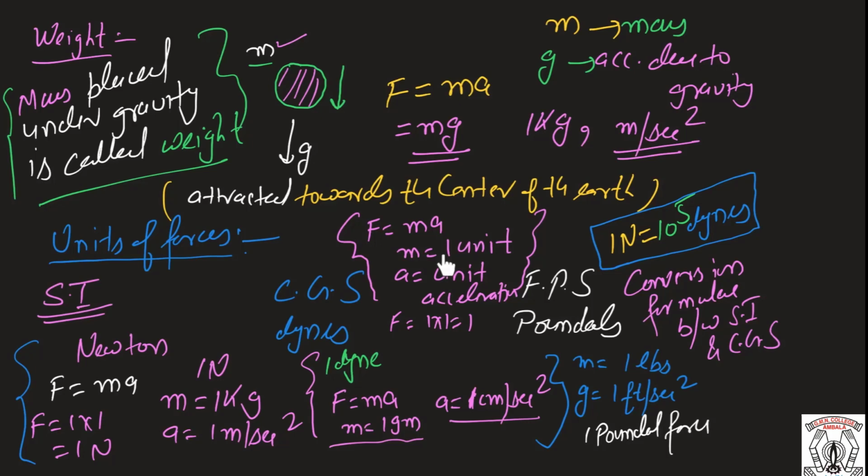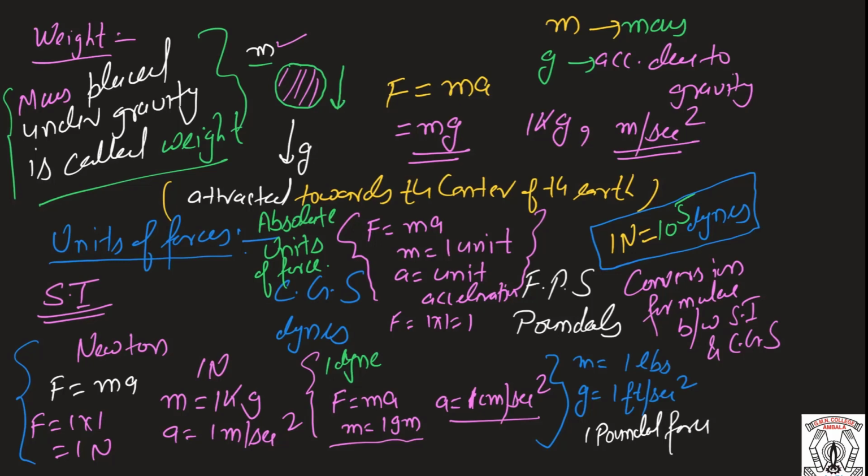Further, absolute units, if taken in terms of SI we will get Newton, if taken in CGS we will get dyne, and if taken in FPS we will get poundals. So these are absolute units. If I write it here, it will be more apt: absolute units of force. So these are the absolute units of force.